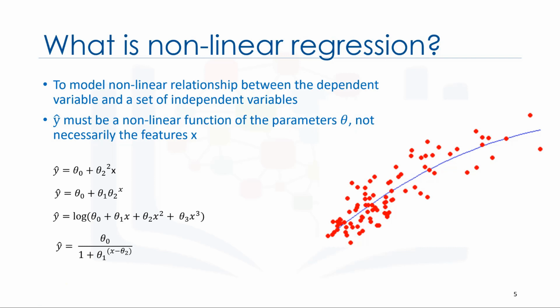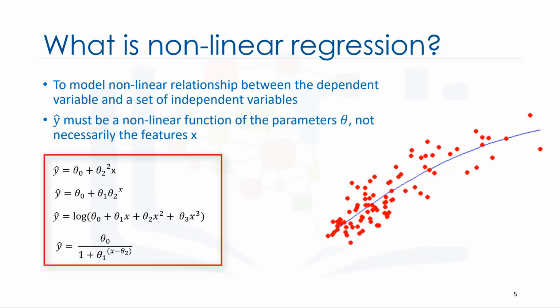When it comes to nonlinear equations, it can be the shape of exponential, logarithmic, and logistic, or many other types. As you can see in all of these equations, the change of y hat depends on changes in the parameters theta, not necessarily on x only.